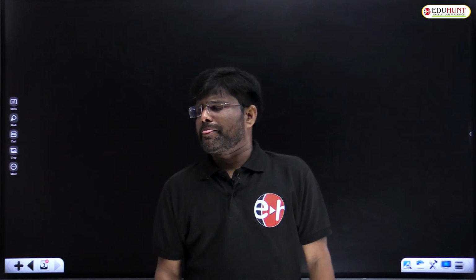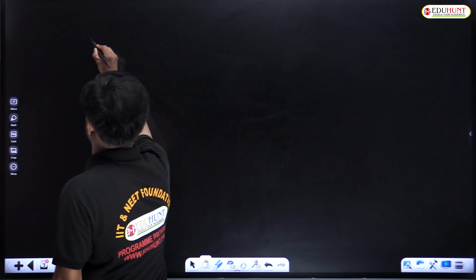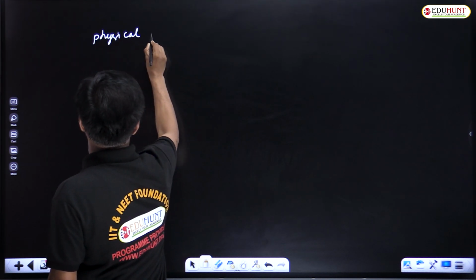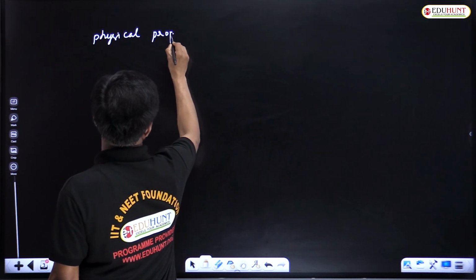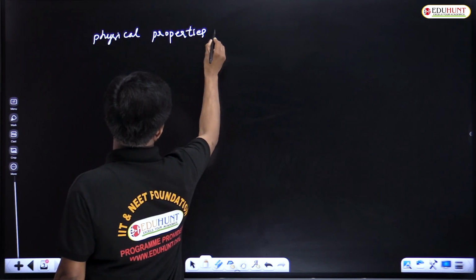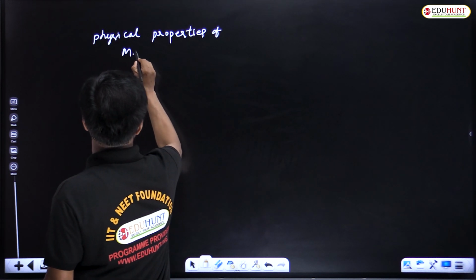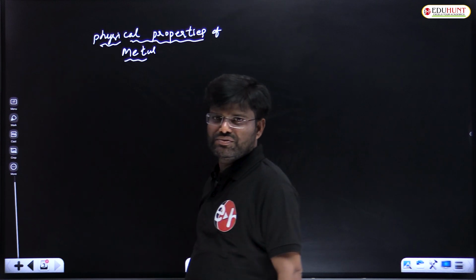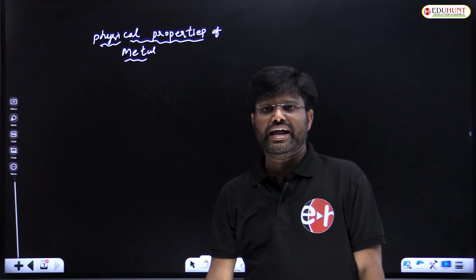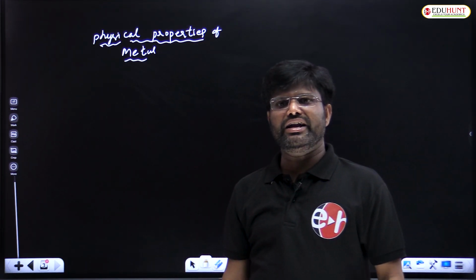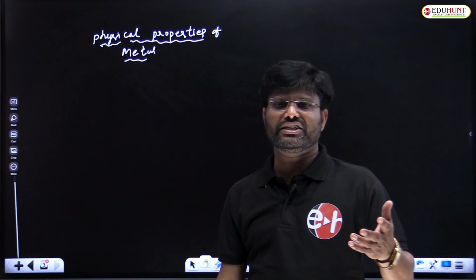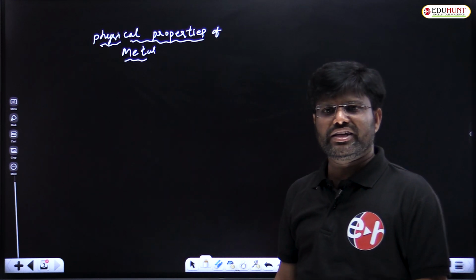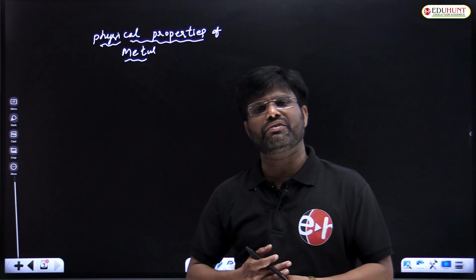So let's discuss the physical properties of metals. The elements which exhibit physical properties like physical state, hard nature, malleability, ductility, lustrous nature, sonorous nature, and are good conductors of heat and electricity.